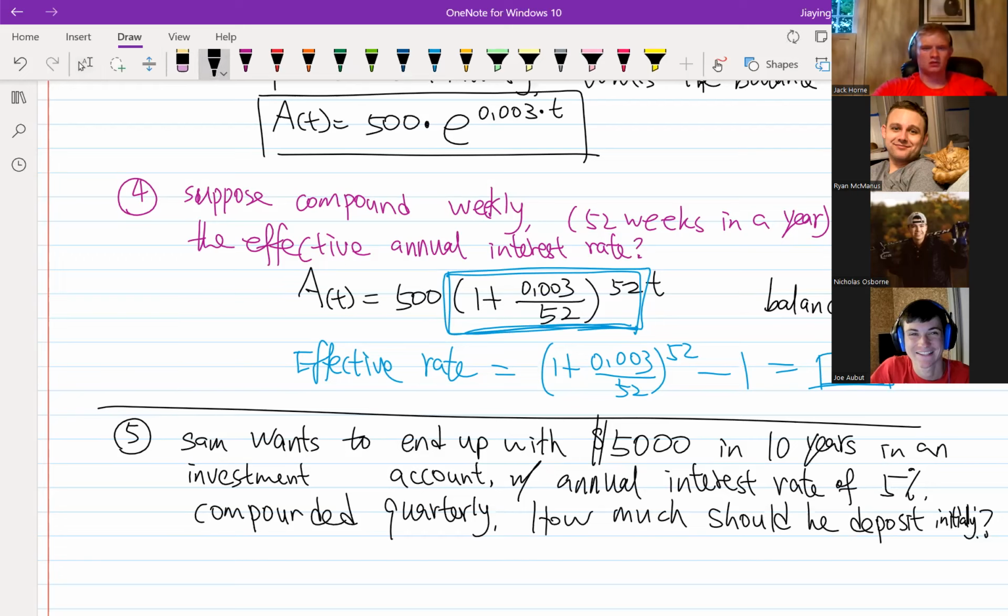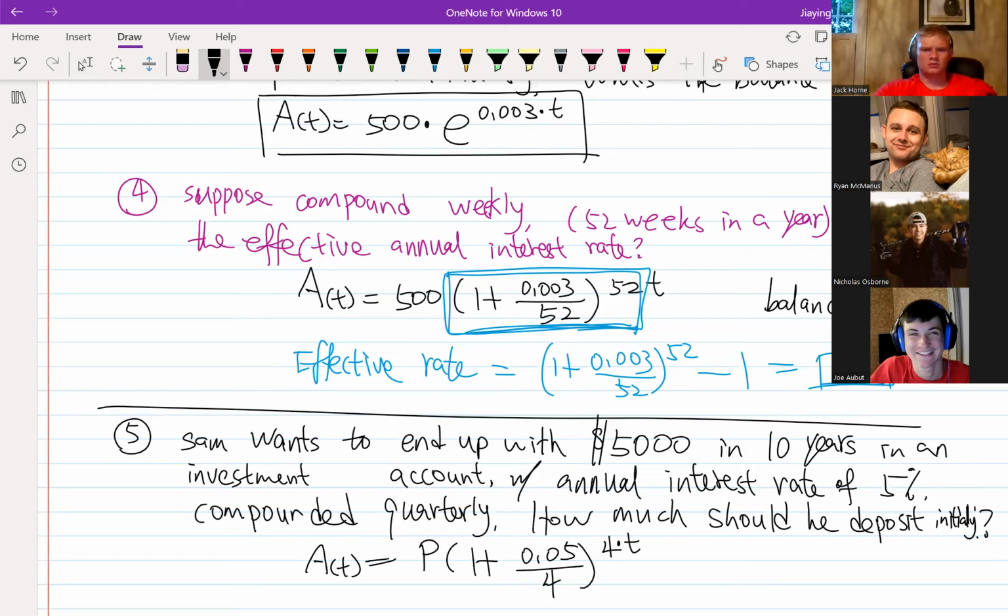So A of t, the balance, is equal to P, the initial deposit, times 1 plus the interest rate 0.05, divided by n equals 4 quarters in a year, raised to the 4t.